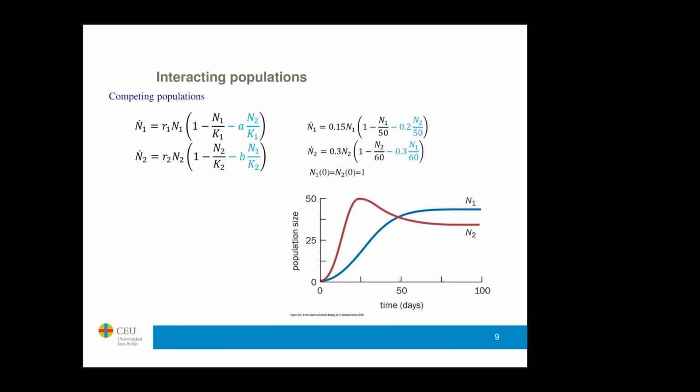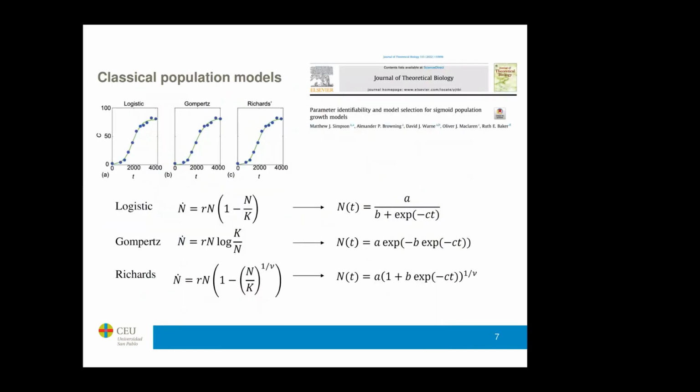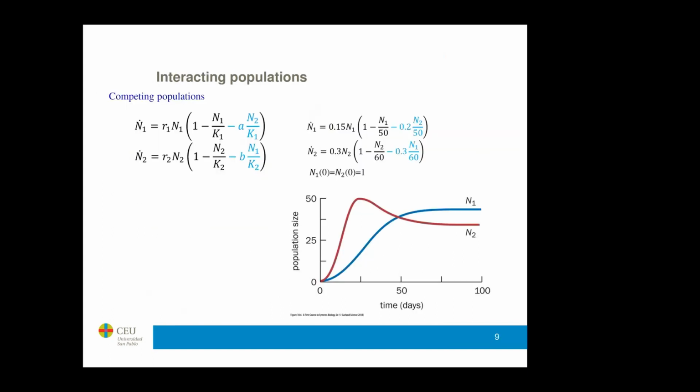You say the change of the population one is something that depends on N1. Actually, the first part you may recognize as this kind of logistic growth. So it is the logistic dependence plus something, and this time it is minus something.